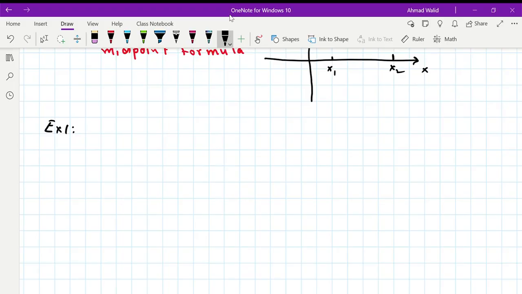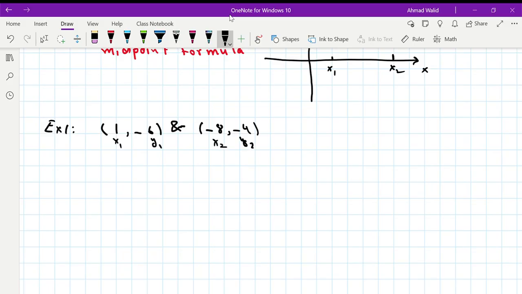Example number 1, find the midpoint of the line segment with the endpoints. The endpoints are given as 1, -6, and the second point is -8, -4. They're asking you to find the midpoint, correct? Again, x1, y1, x2, y2.